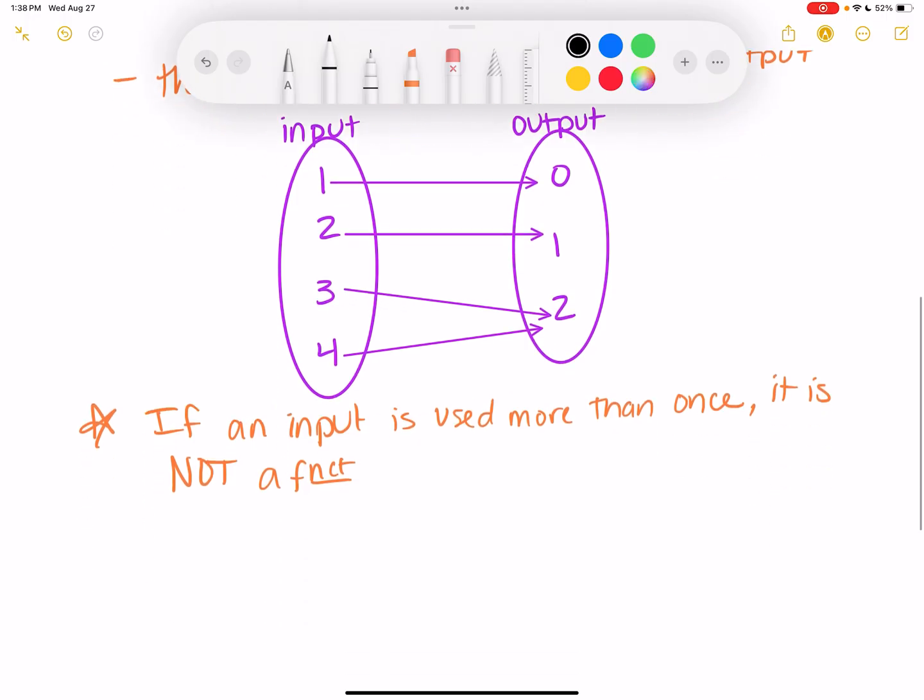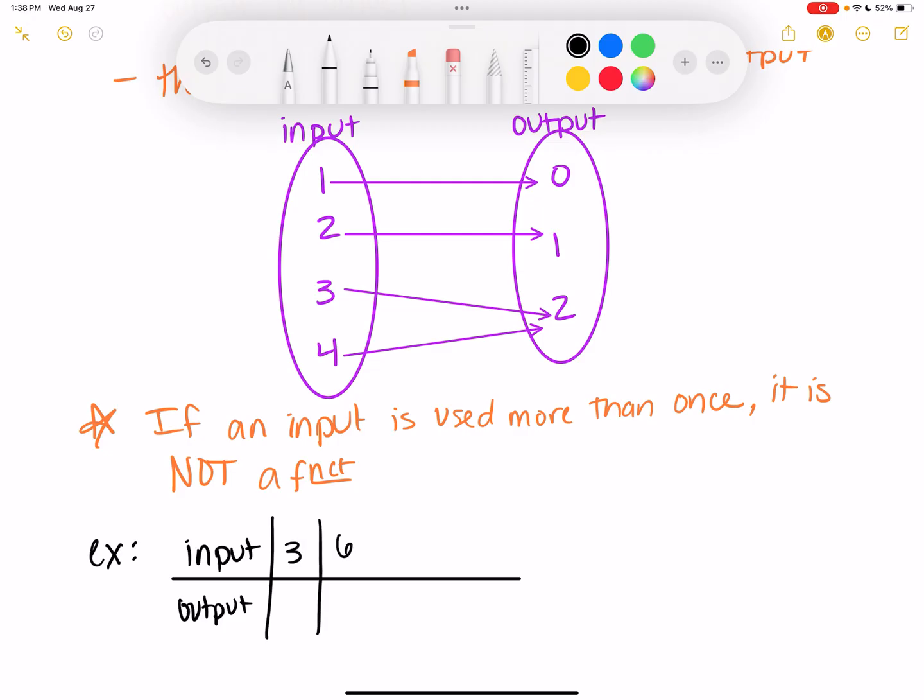So an example of this is, I have a table here. Got 3, 6, 9, and 12.